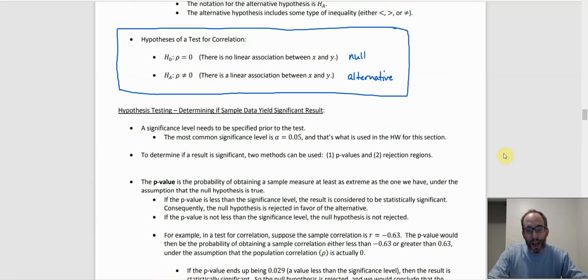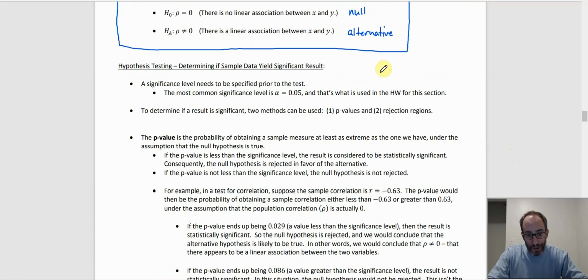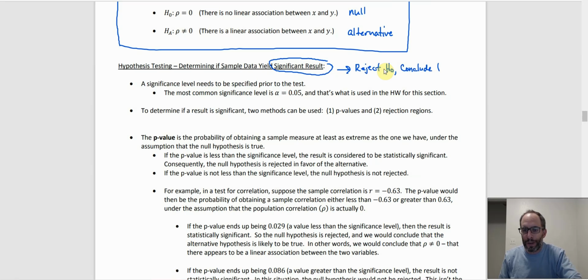All right, so then how do you figure out if you have a significant result? And when you have a significant result, this is when, so let me just circle this and point this out. When this happens, when you have a significant result, this will be when you reject the null and conclude that the alternative is likely to be true.